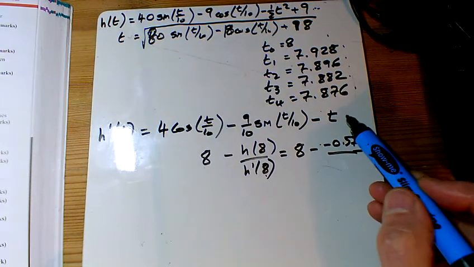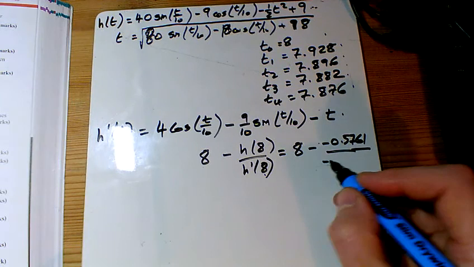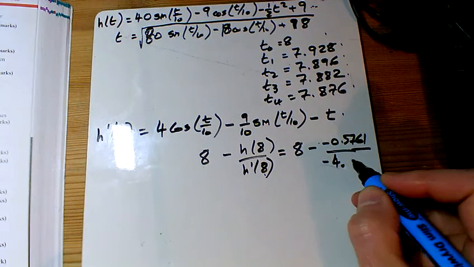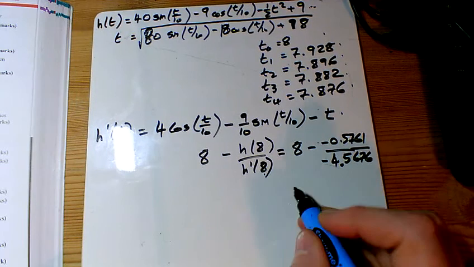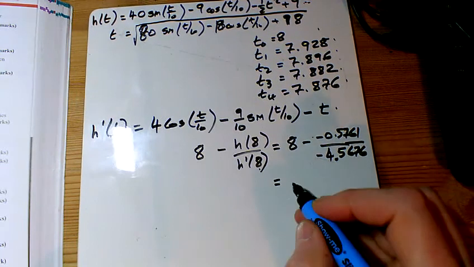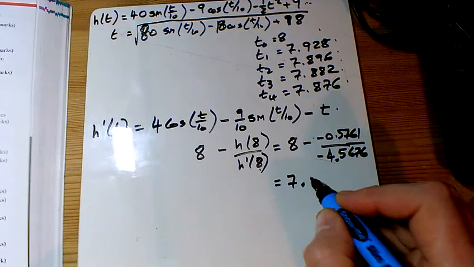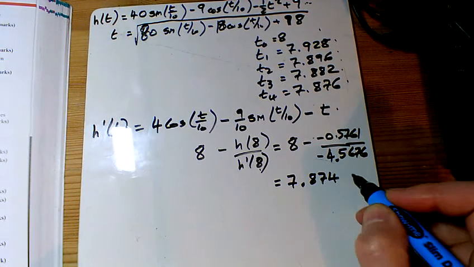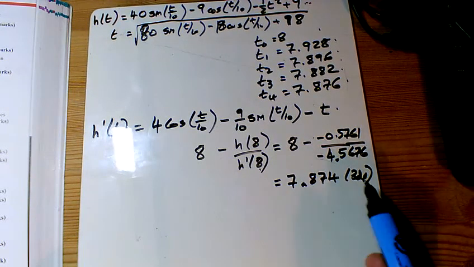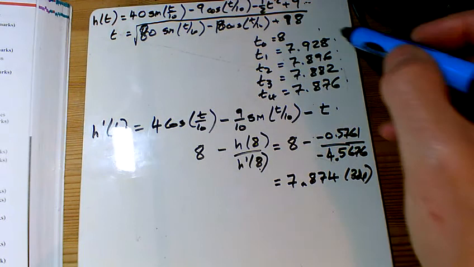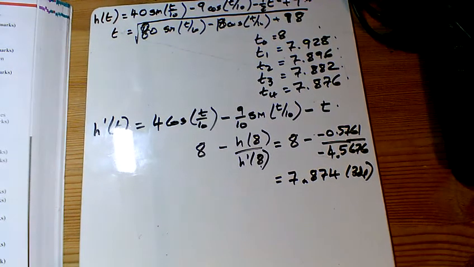Sticking the 8 in the one I've just worked out, that differentiated one, I've got another minus 4.5676. And so tapping all of that in, I get 7.874 to 3 dp. So it shows the power of this one, how quickly it gets to an answer compared to the original ones, which just go on and on.